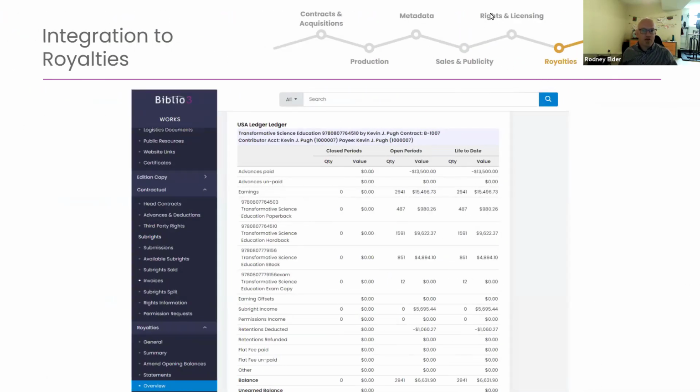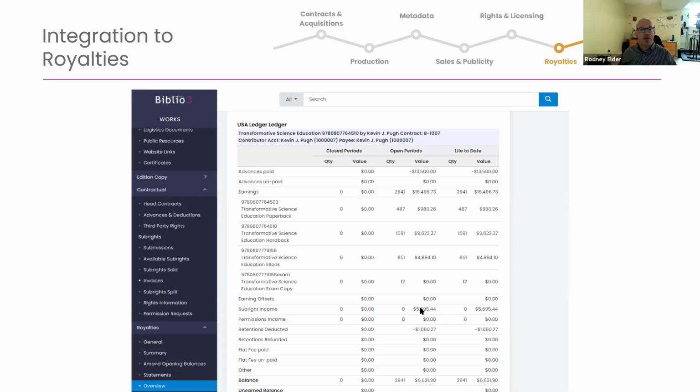Now, after you've done your rights side of things, you've then got income coming into the system, which then needs to interact with your royalties department. So your royalties department is looking at a particular book. So this is the same title, but what we're looking at is income that's come from various sales of formats of the book, the hardback, ebook, paperback, etc., advances that are paid. But we need our subrights income to automatically update this area as well.